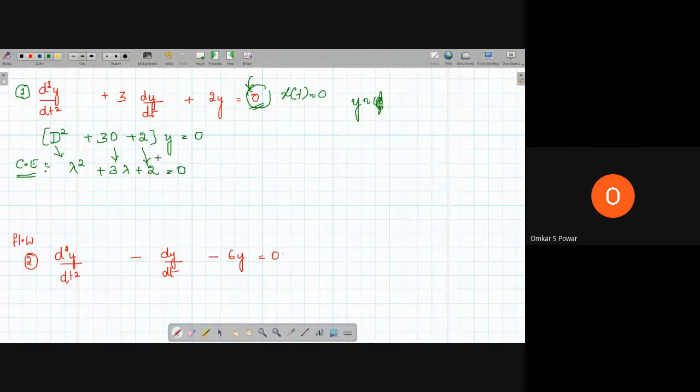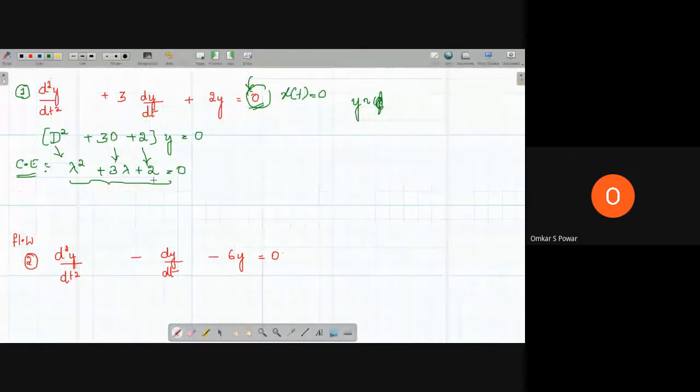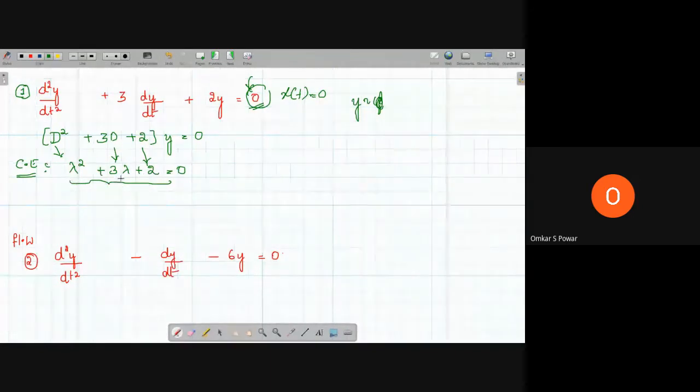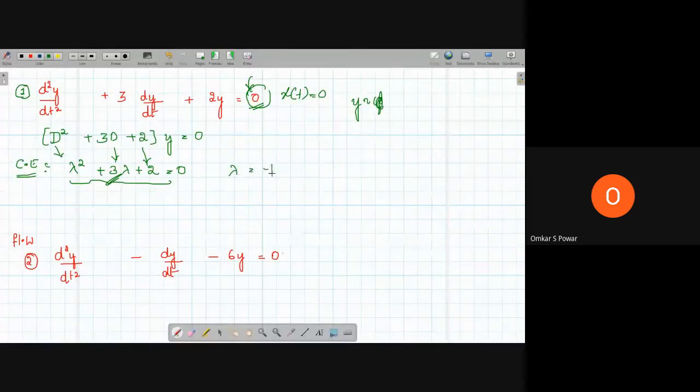Now how to get the roots of the equation? Use the calculator: go to mode, equation, then degree 2, enter the values and get the roots of the equation. Otherwise, 2 ones are 2, 2 plus 1 is 3. So your roots are minus 1 and minus 2. This is basic mathematics, whatever I have done.